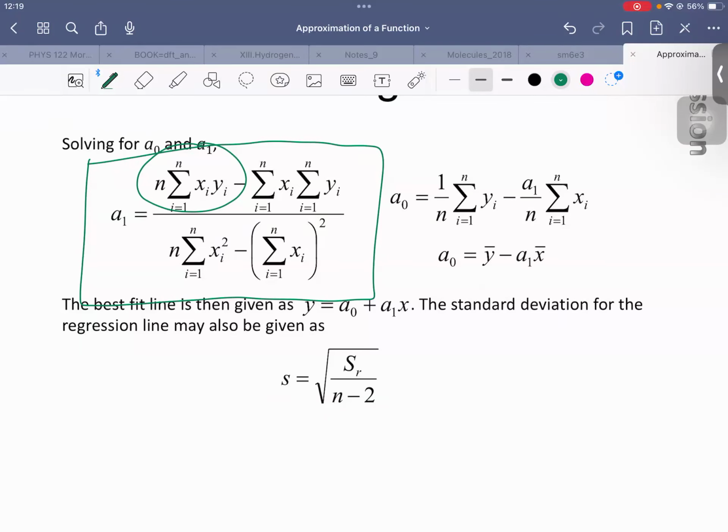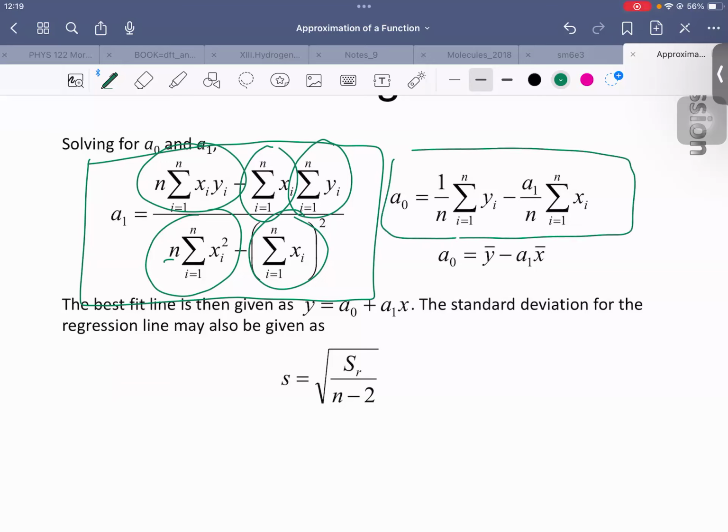Times the summation of all the values of x times the summation of all the values of y, and divided by the summation of x squared terms times n minus the summation of all x, okay? Now A0 is simpler. This is just equal to this term, okay?